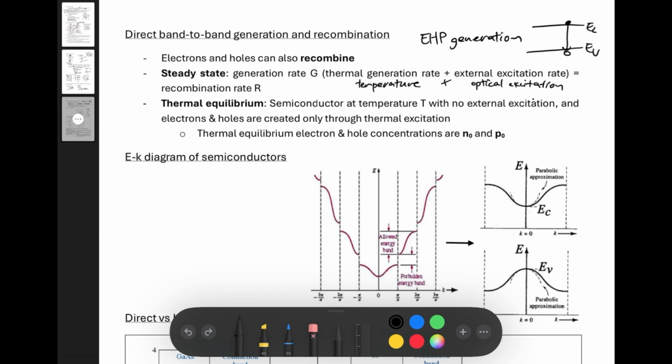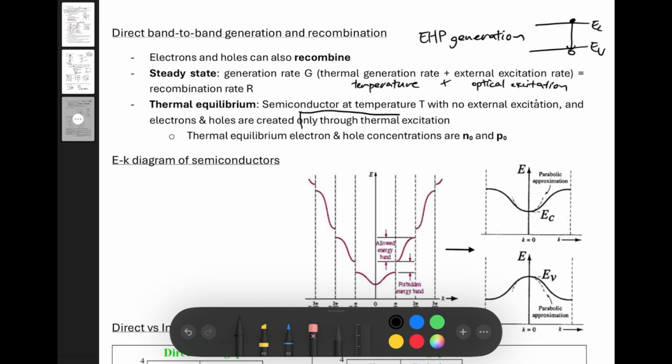And then at thermal equilibrium, the semiconductor at a certain temperature will have no external excitation, so no optical excitation or other forms of external excitation, and it will only be excited through thermal excitation. So this is what they mean by thermal equilibrium electron and hole concentration, which is N0 and P0 respectively.